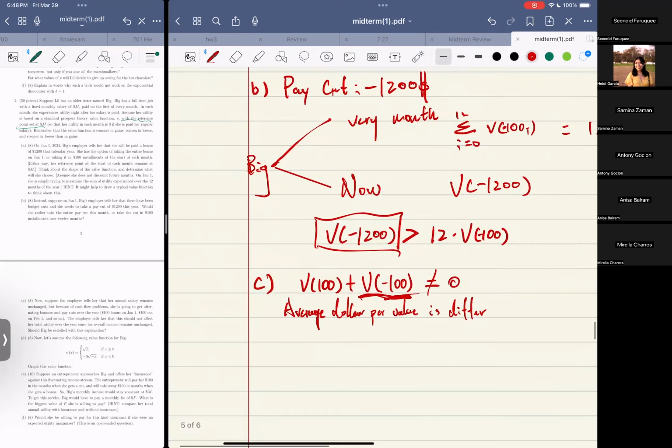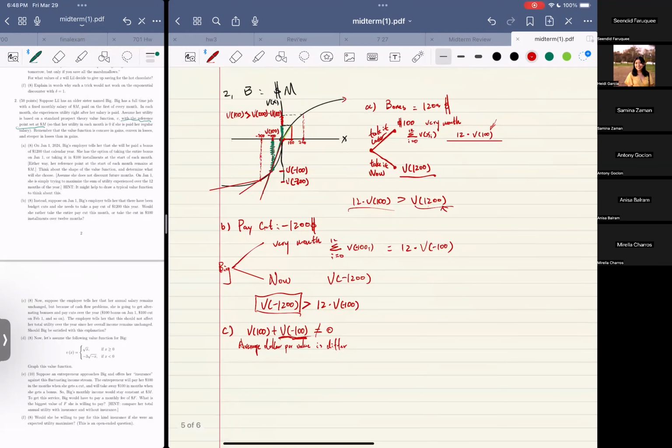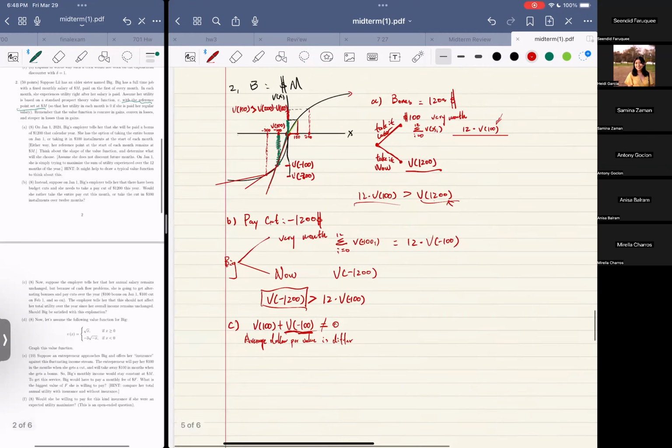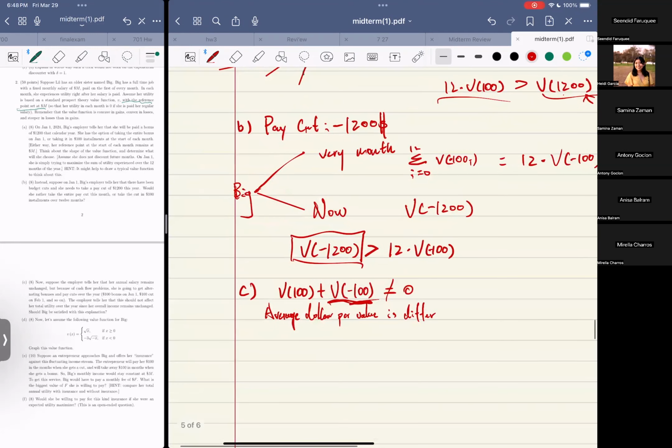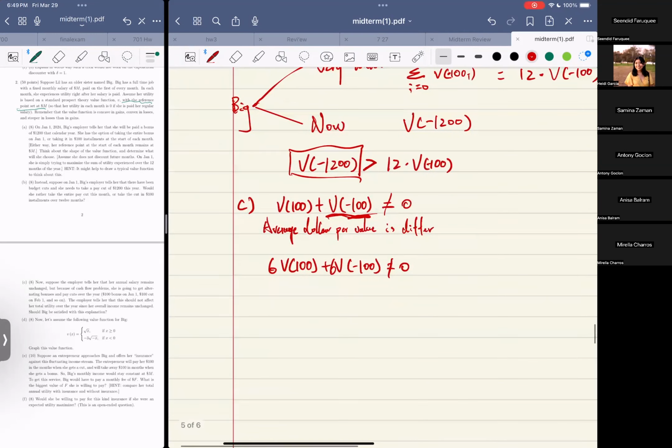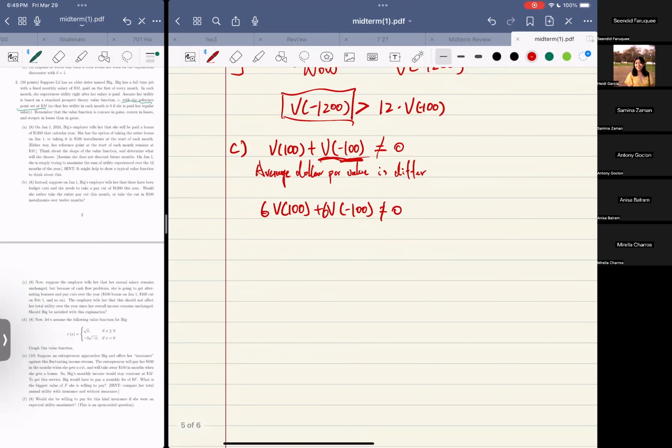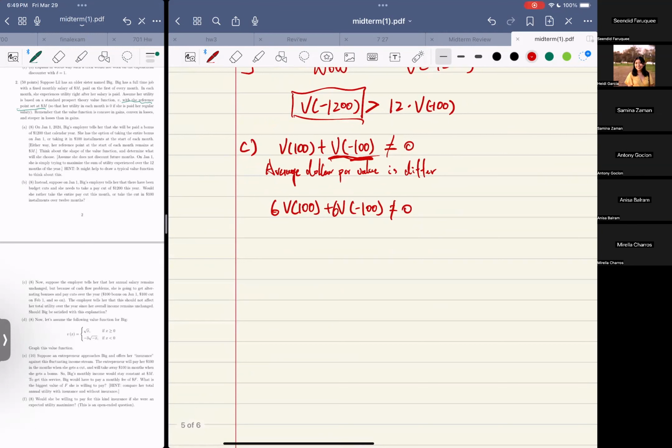So therefore, no, Big should not be satisfied with that explanation. Because overall, 6 times V of 100 plus 6 times V of negative 100 will not equal 0. Even though her income didn't change, she will not do it because it hurts her more to lose that $100.